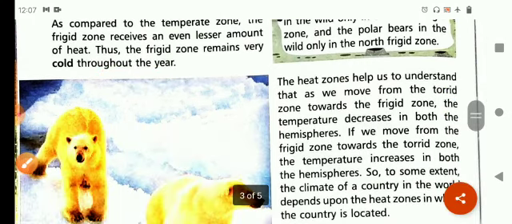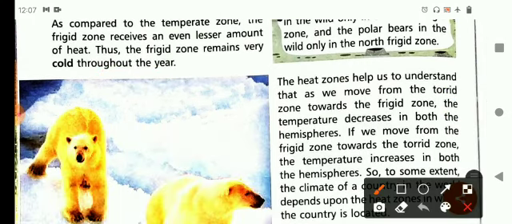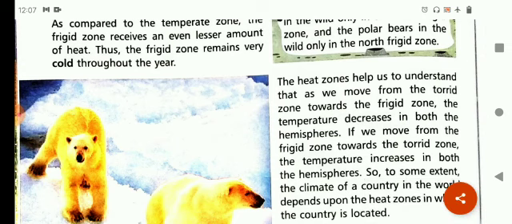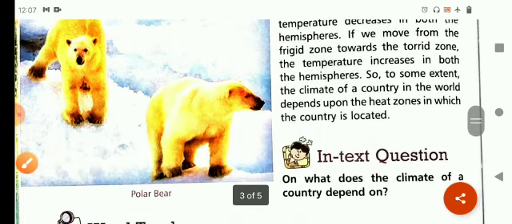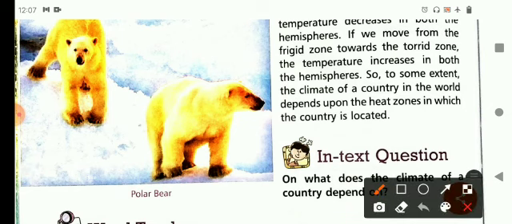The heat zones help us to understand that as we move from torrid zone toward the frigid zone, as we move to the higher latitudes, the temperature decreases in both the hemispheres. If we move from frigid zone toward the torrid zone, the temperature increases in both the hemispheres. So, to some extent, the climate of a country in the world depends upon the heat zones in which the country is located.